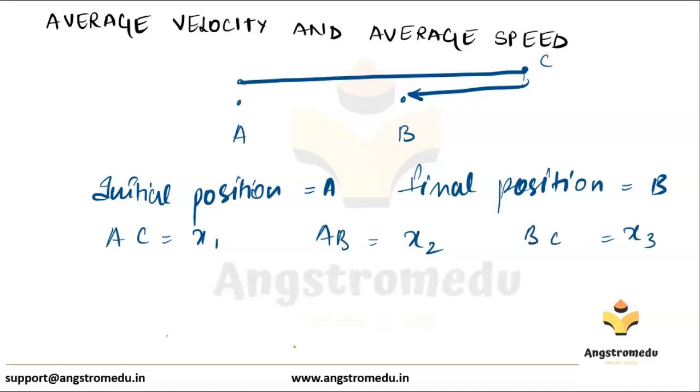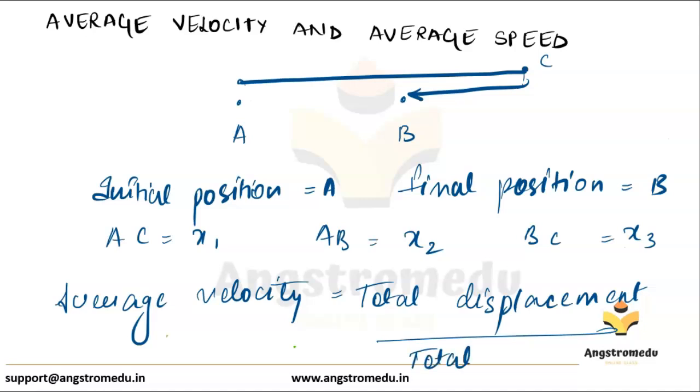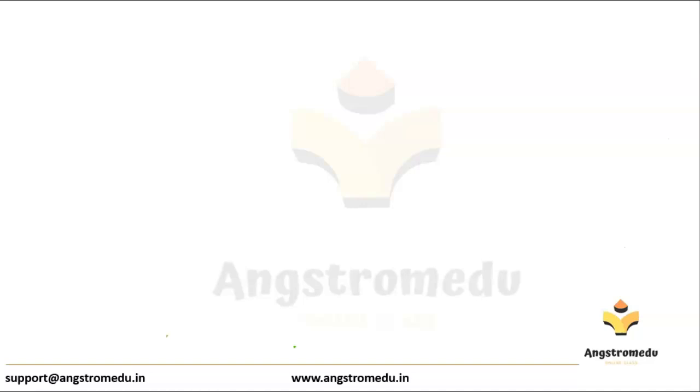Here, average velocity is equal to total displacement divided by total time. Average velocity is the ratio of total displacement by total time. And if we talk about average speed, then average speed is the ratio of total distance upon total time.